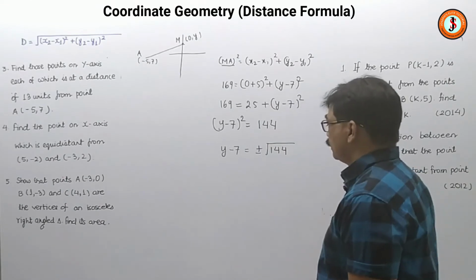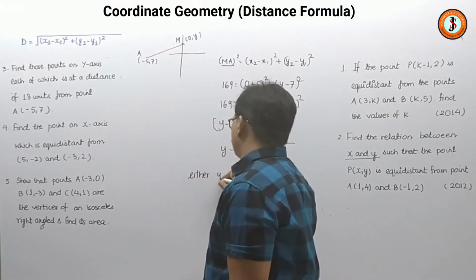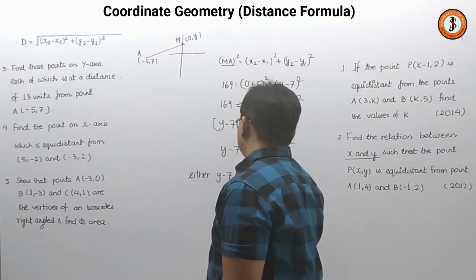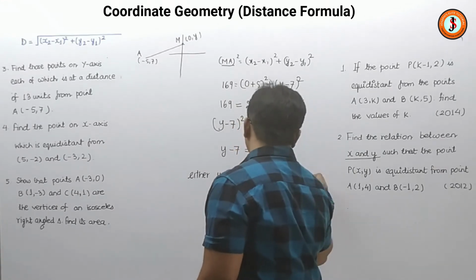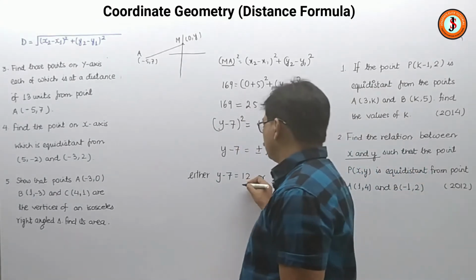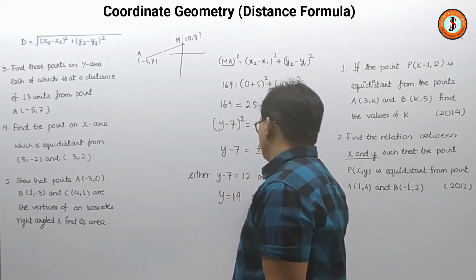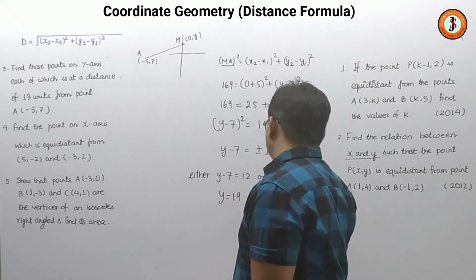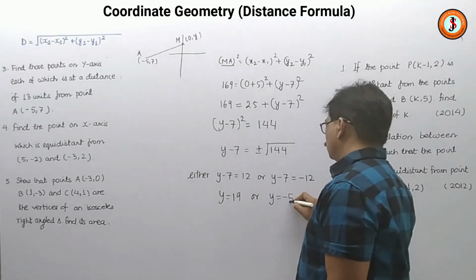So that is either y minus 7 is equal to 12 or y minus 7 is equal to minus 12. So y will be equal to 19, or y will be equal to minus 12 plus 7, which is minus 5.